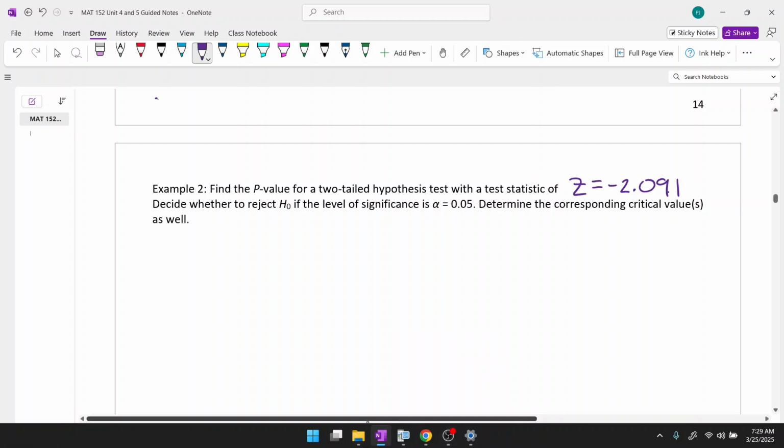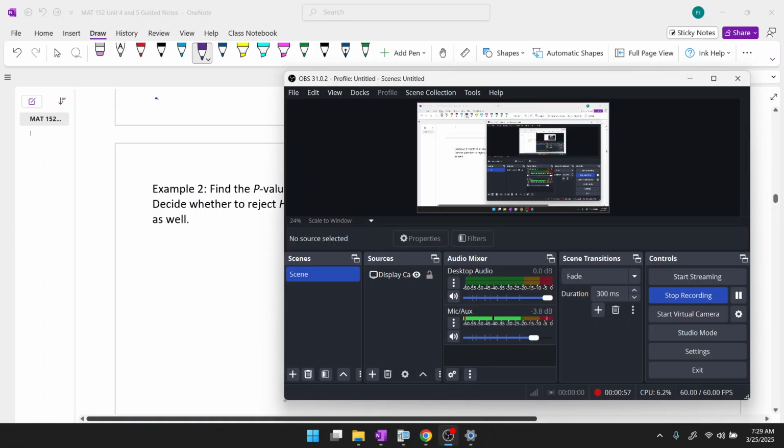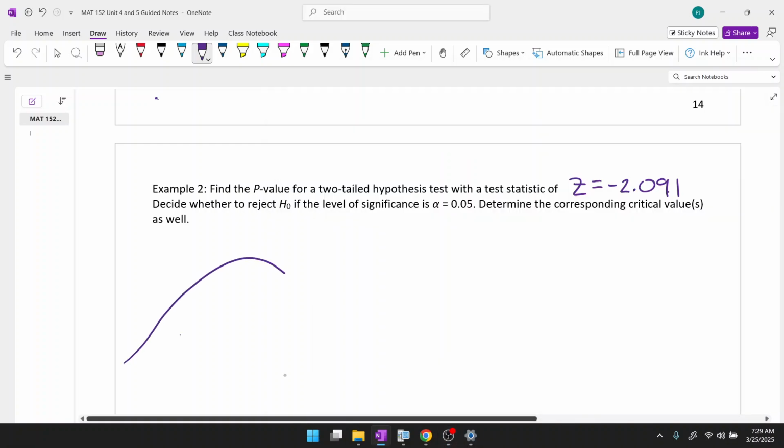Believe it or not, that's actually a very easy thing to do. All you really have to do is literally draw a picture. If it's a two-tailed test, your z value, or your standardized test statistic, could be positive or negative.